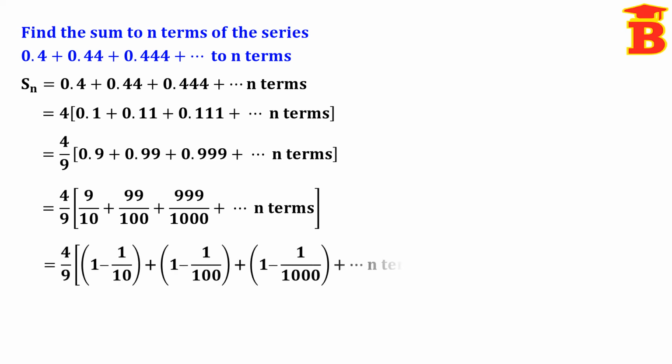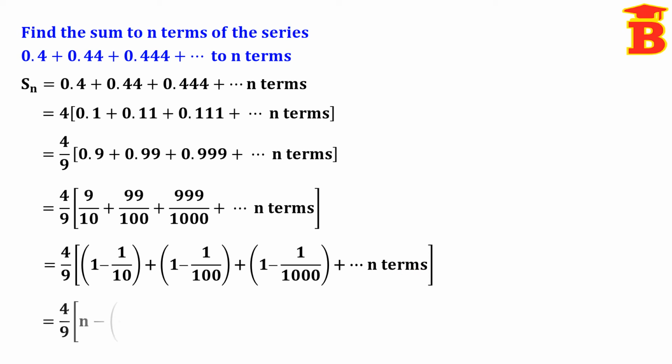Next step, outside number 4 by 9 into this 9 by 10 is 1 minus 1 by 10. So if we take LCM, we get 10 minus 1, that is 9 by 10. Similarly, this 99 by 100 is 1 minus 1 by 100. Similarly, this 999 by 1000 also 1 minus 1 by 1000 plus etc. up to n terms.